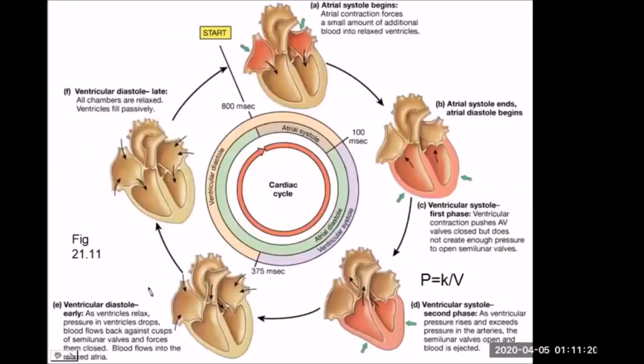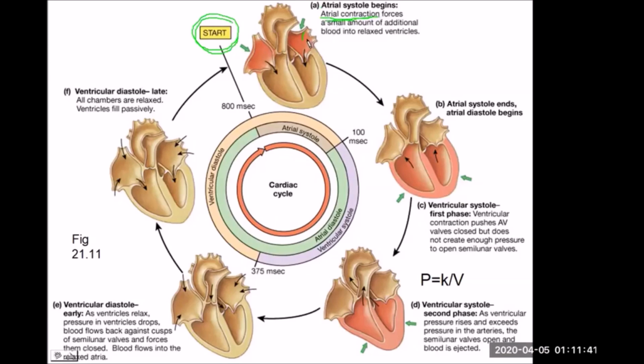So we have this diagram here, and without getting into the physiology too much, we see right at the start of the cycle, the pink colors indicating systole, contraction. And yes, the atria begin the cycle with a period of systole, a period of contraction.